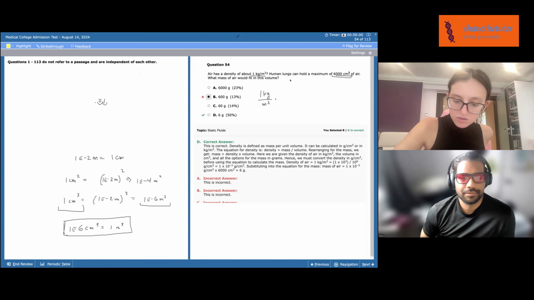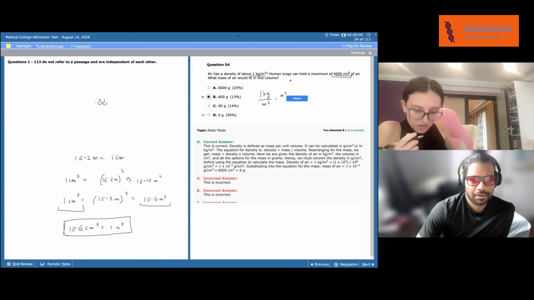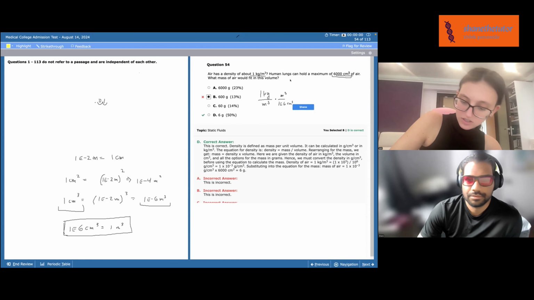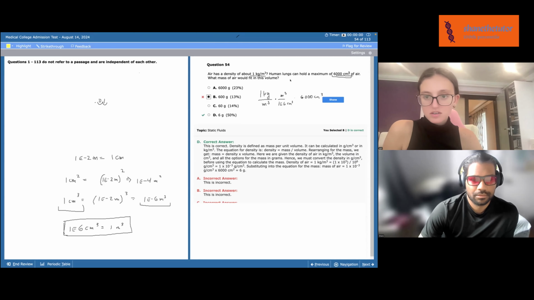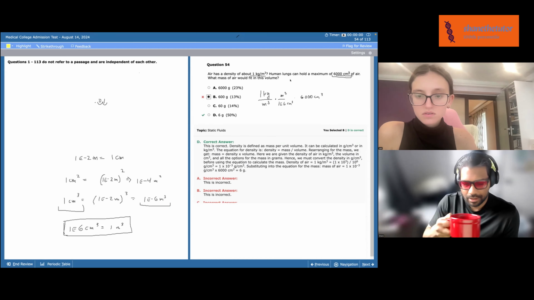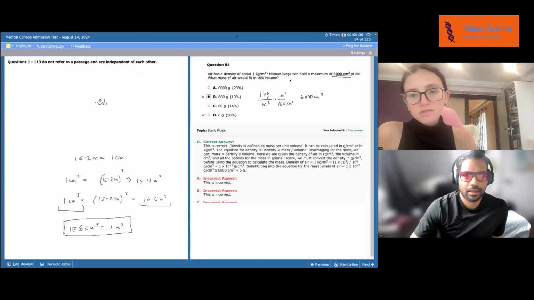6,000 cm cubed over 1e6 cm cubed gives us 1e-3 cm cubed. Does it cancel? Why do you have so many centimeters?